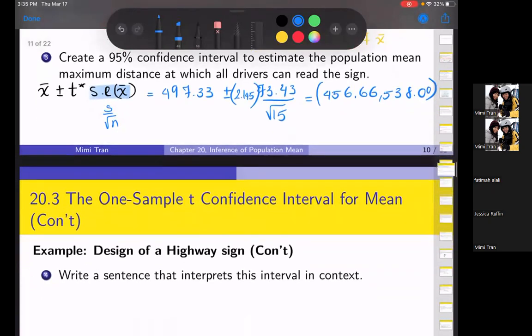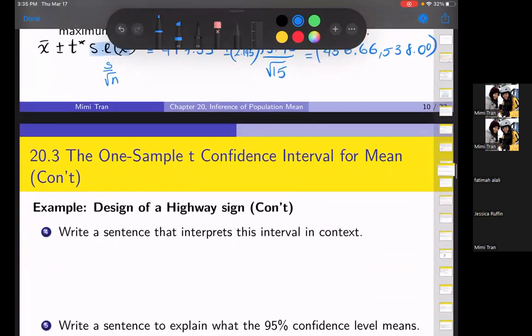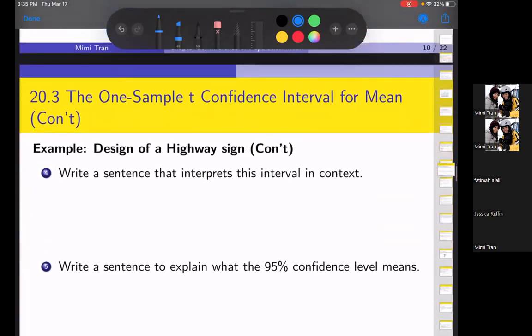Write a sentence that interprets this interval in context. Someone tell me, what would you just say out loud? Actually, how about you guys put it in the chat for me?